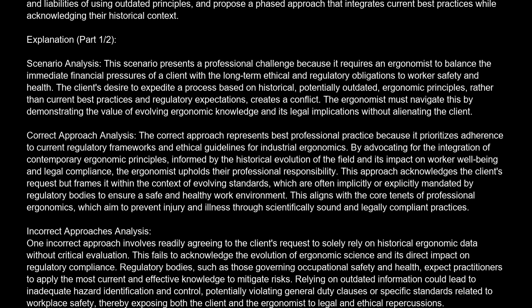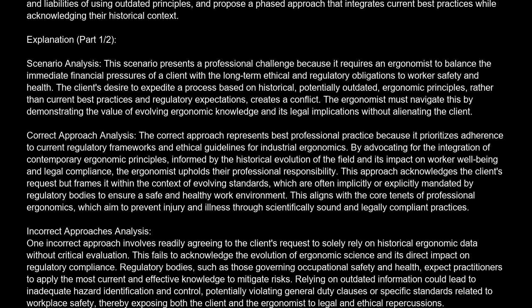Correct approach analysis. The correct approach represents best professional practice because it prioritizes adherence to current regulatory frameworks and ethical guidelines for industrial ergonomics. By advocating for the integration of contemporary ergonomic principles, informed by the historical evolution of the field, and its impact on worker well-being and legal compliance, the ergonomist upholds their professional responsibility.